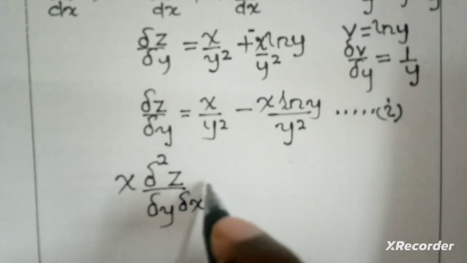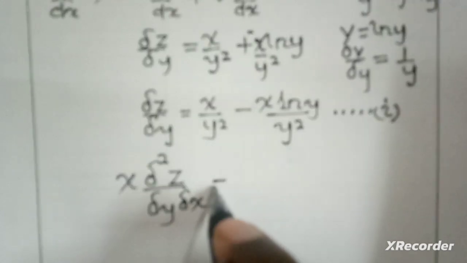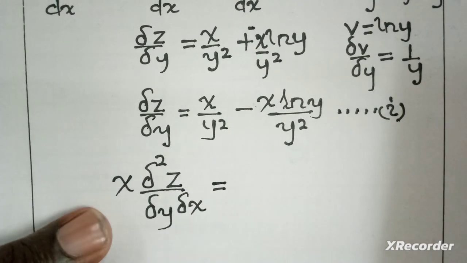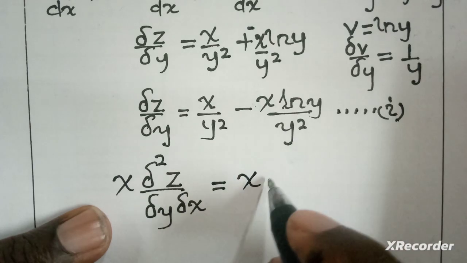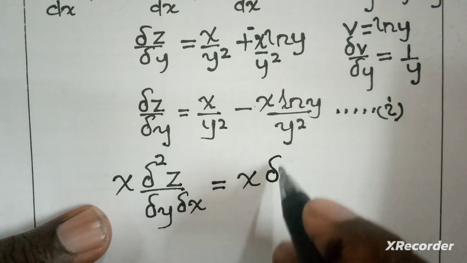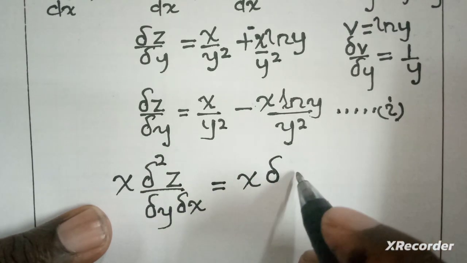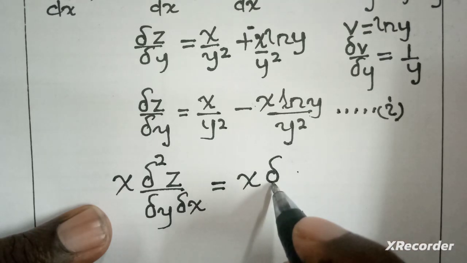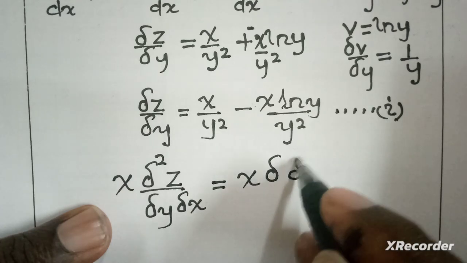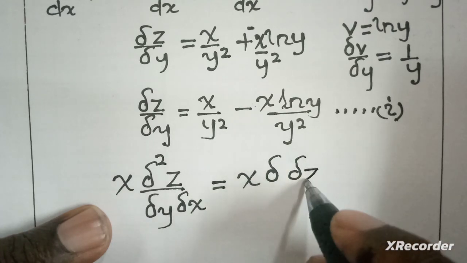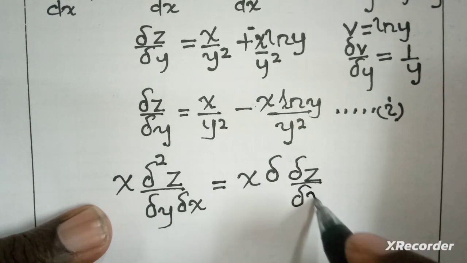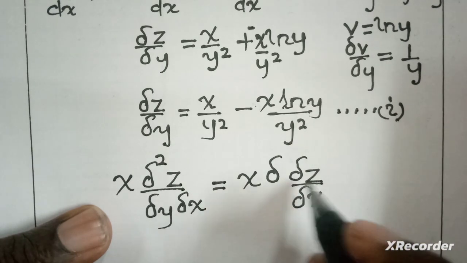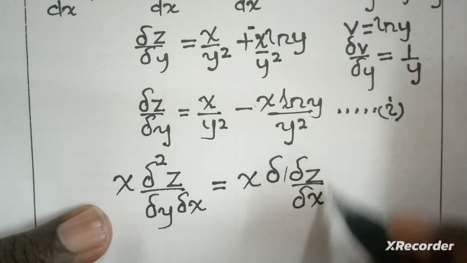So this one, guys, is similar to this x multiplied by partial derivative of, you write that first and then you write again partial derivative of z all over partial derivative of x, and then this is what you start off, guys.